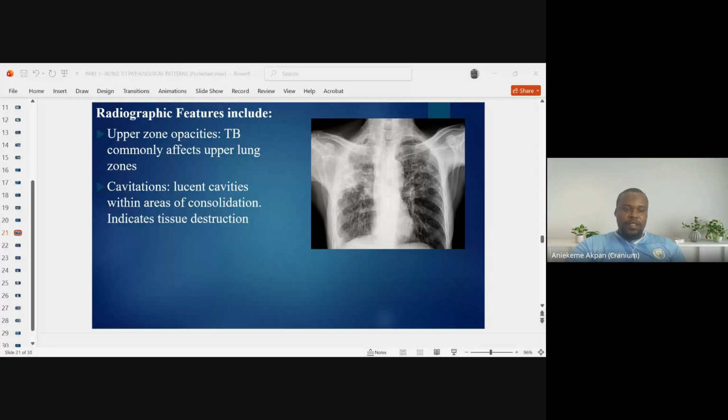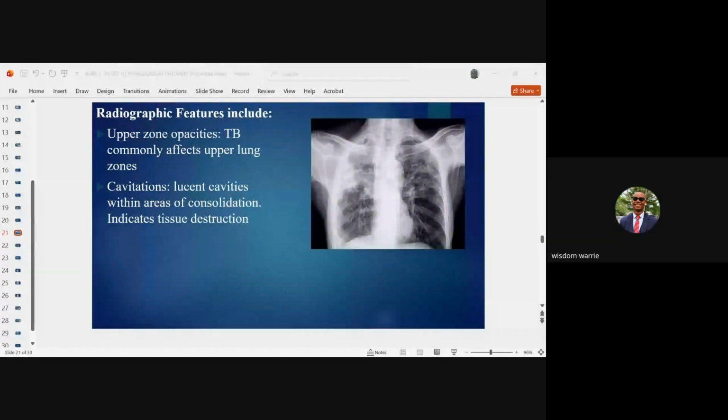Can you people see my entire screen? I don't think we are seeing the part you are reading, the part you are on right now.